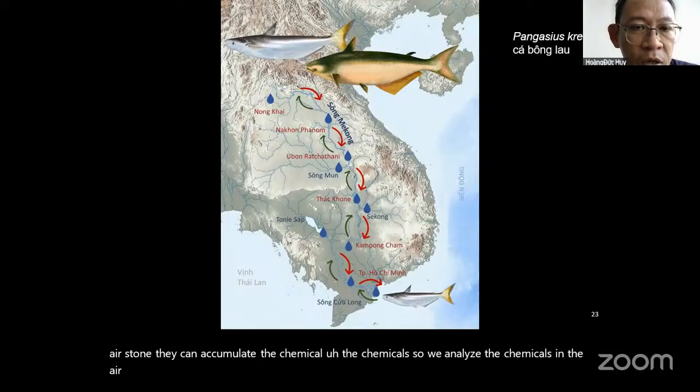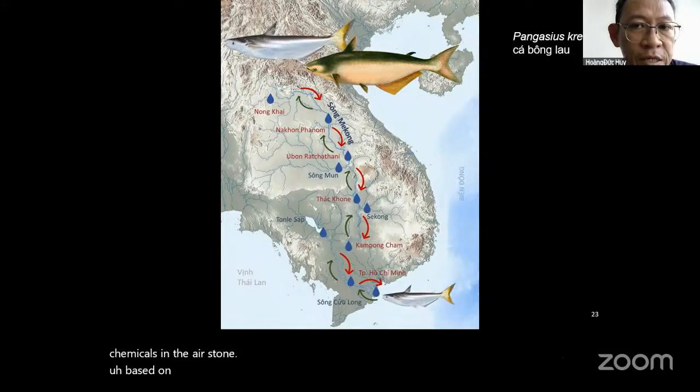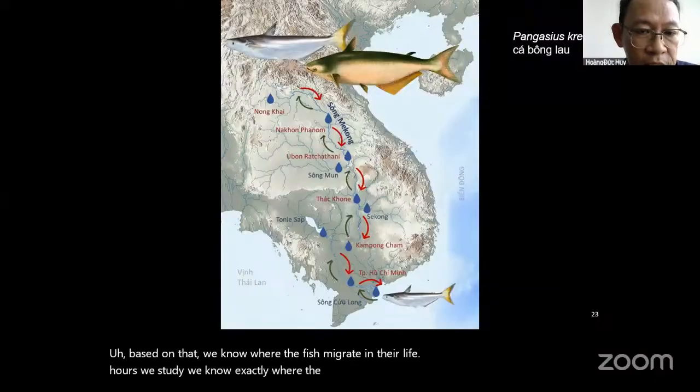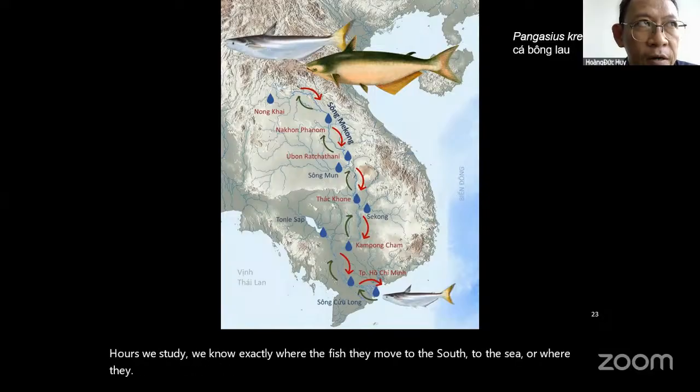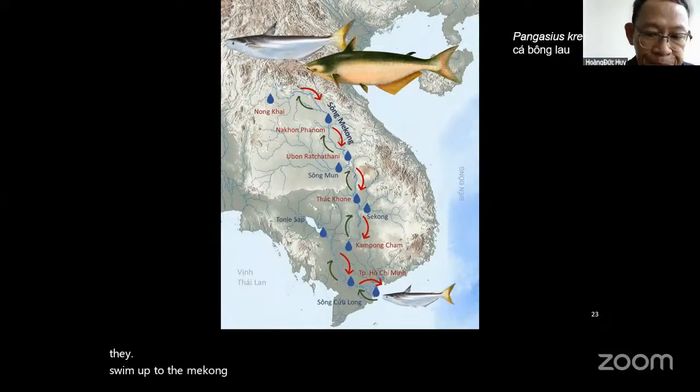Based on that, we know where the fish migrate in their life. So we know exactly where the fish move to the south, to the sea, or where they swim up the Mekong for breeding.